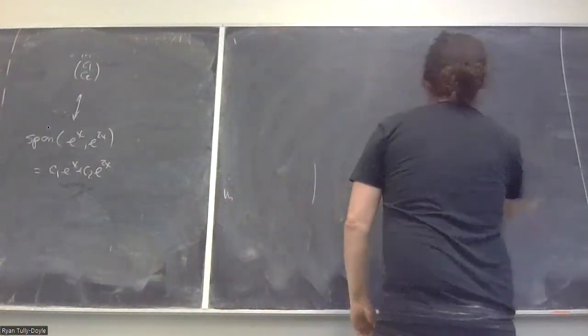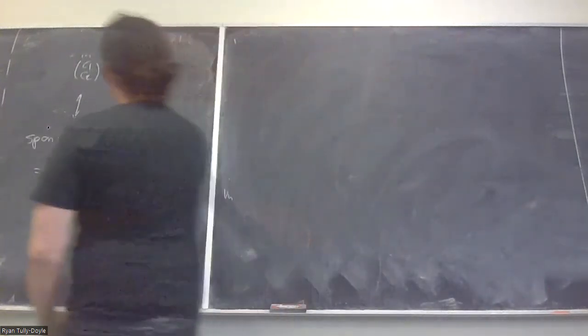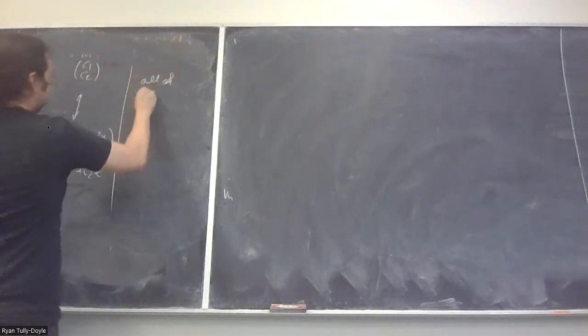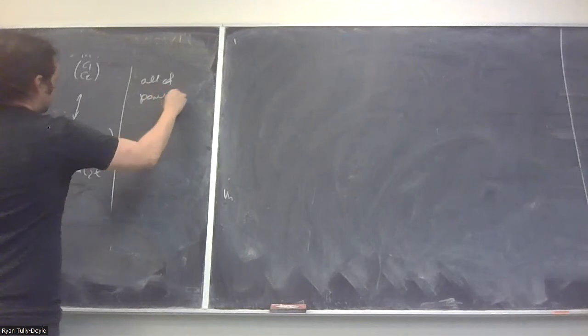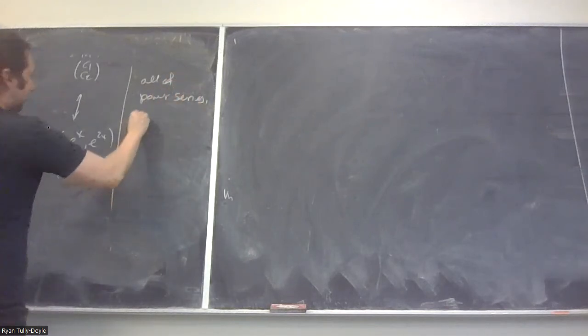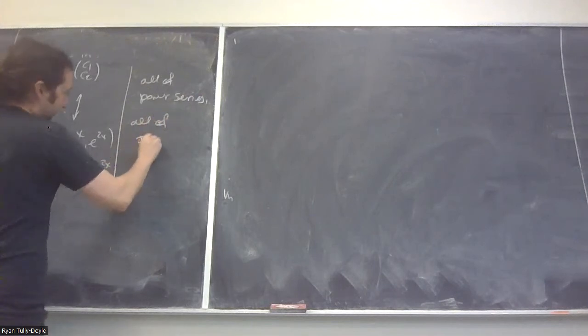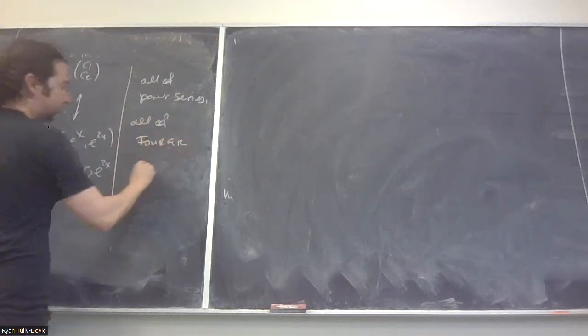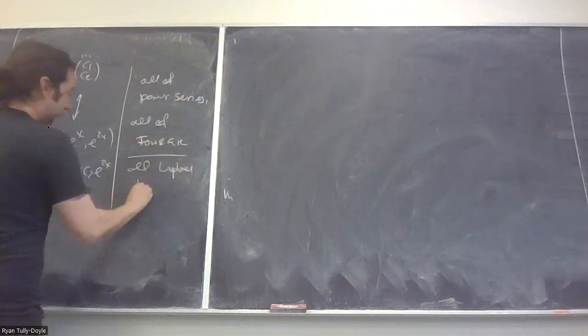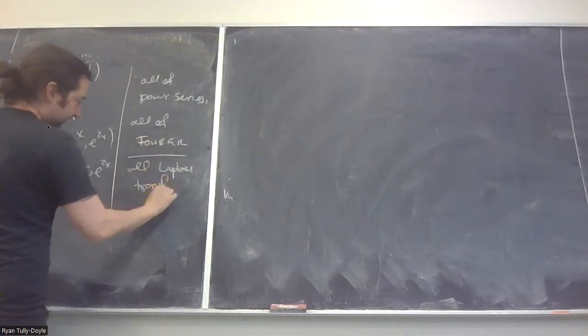In fact, all of power series is really secretly linear algebra. All of Fourier series or Fourier analysis is secretly linear algebra. All of Laplace transforms is secretly linear algebra.